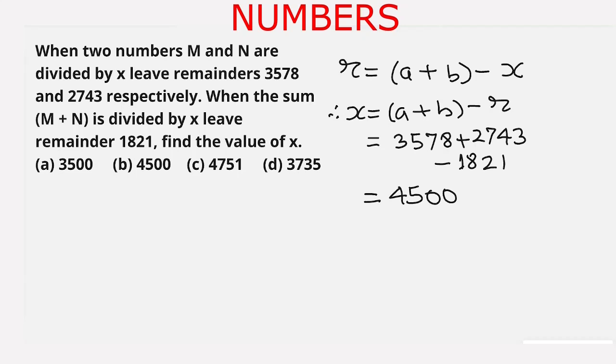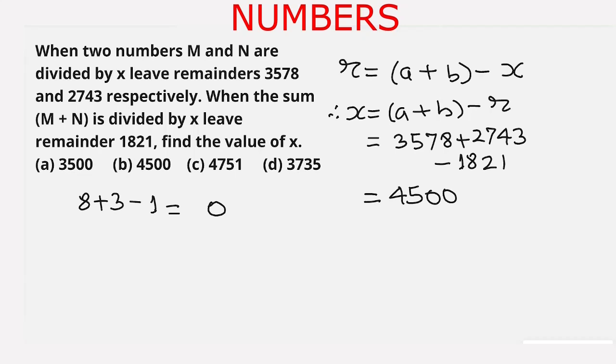We can solve this question by a shortcut method, that is from the given options. The last digits of the remainders give 8 plus 3 minus 1, which is 0. There are two options ending with 0: option A 3500 and option B 4500.